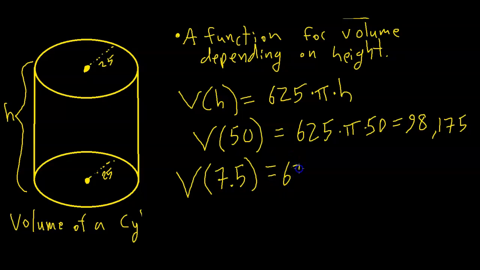That would be 625 times pi times 7.5, right? And if we went ahead and evaluated that, we would get the resulting volume of 14,726 cubic centimeters. In both cases, I've rounded, of course, to avoid writing a bunch of decimals.